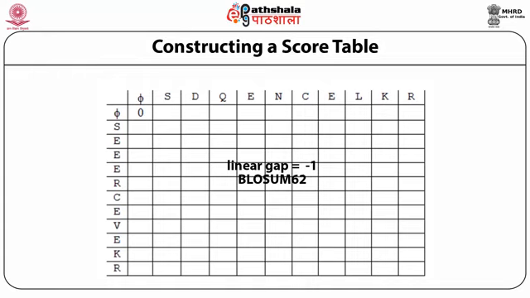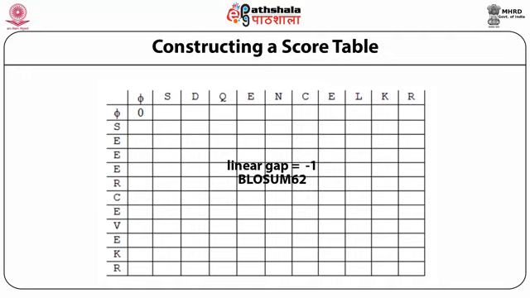The first sequence is written horizontally in the top row of this table, starting from the third cell of the row. The second sequence is written vertically in the leftmost column, starting from the third row of the first column.